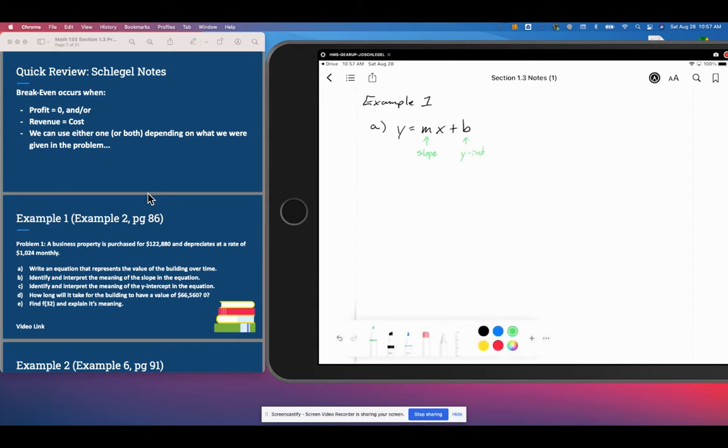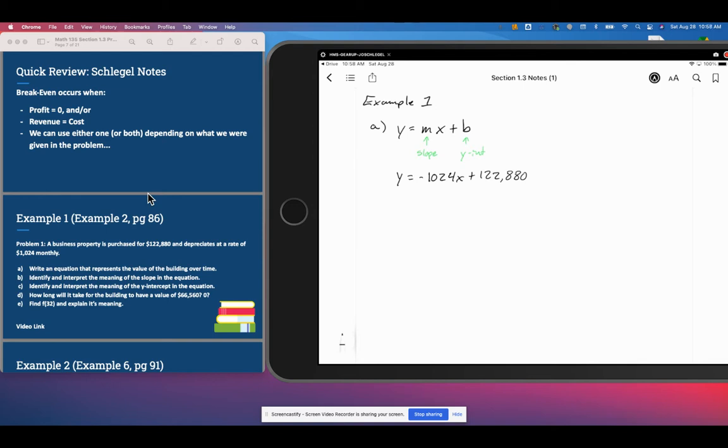And so my slope, or my rate of change in this case, the value of the building is changing by $1,024 a month. It is going down, so that does need to be negative. And my initial value of the building was $122,880. Okay, there is an equation that represents the value of that building.